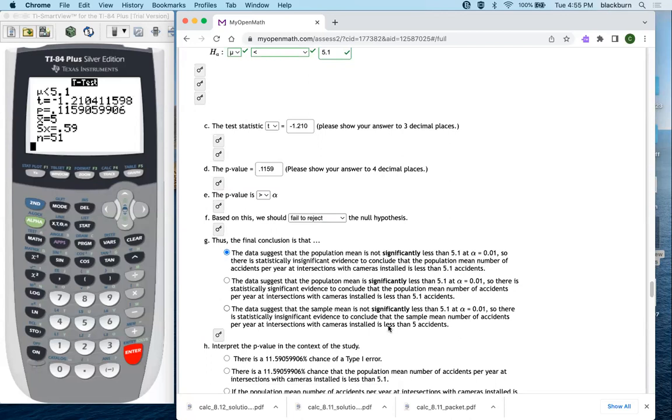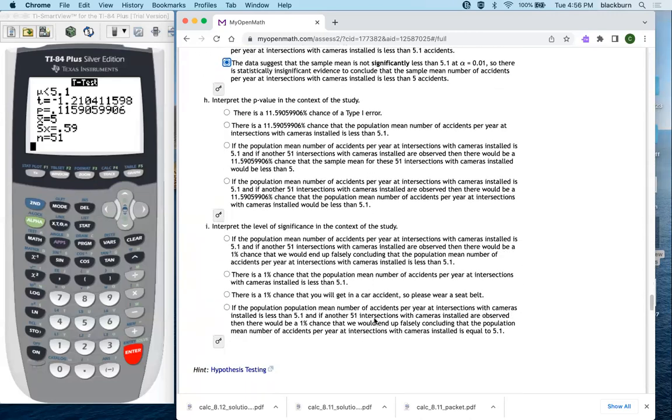So there is statistically insignificant evidence to conclude that the mean number of accidents per year is less than 5.